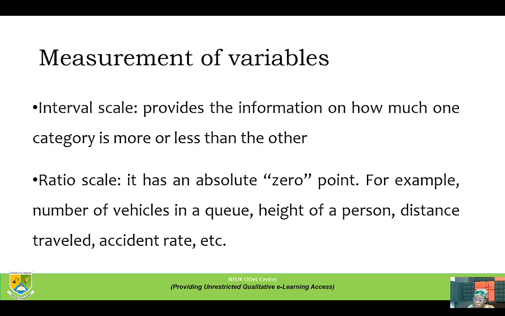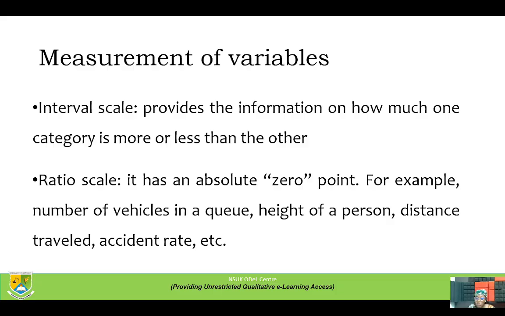It's not possible to say it has a 0 starting point. The interval scale does not have a 0 starting point, because going by the example of temperatures, 0° does not necessarily mean the absence of heat. 0° does not necessarily mean the lowest temperature.